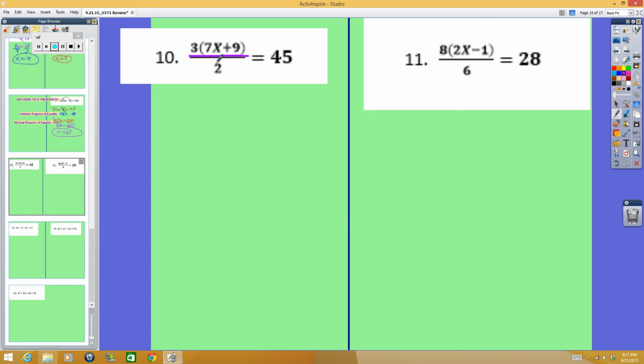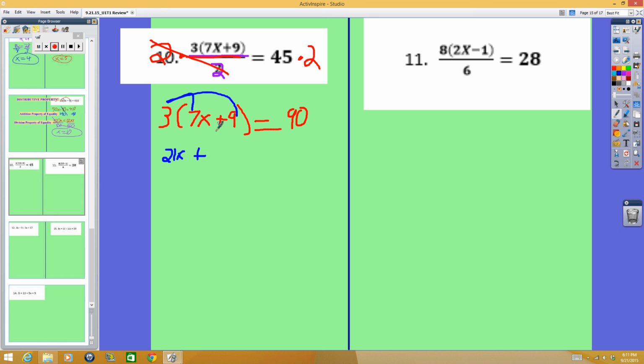This is just like the warm-up. Gotta multiply by 2, because there's a divided by 2 right here. These 2's cancel. You didn't touch the top, so you just rewrite it. $45 times 2 gives you 90. 3 times 7x gives you 21x.